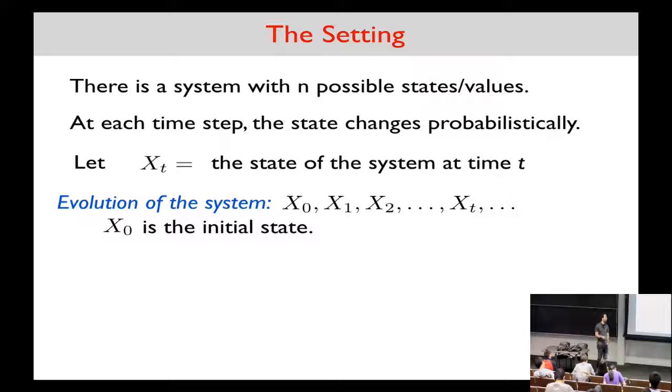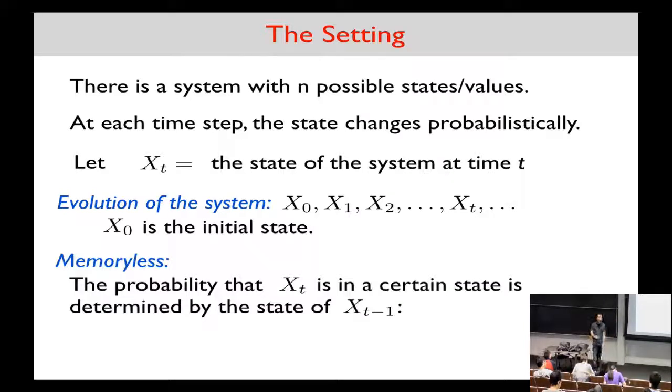And x0 is some initial state. It can be a deterministic state; you can say the initial state is always 1, let's say. It can also be a probabilistic state, a probability distribution over the states. But once you're given x0, which would be explicitly given to you, then you can try to determine what's going to be x1, x2, x3, according to the directed graph and the edge probabilities you have.